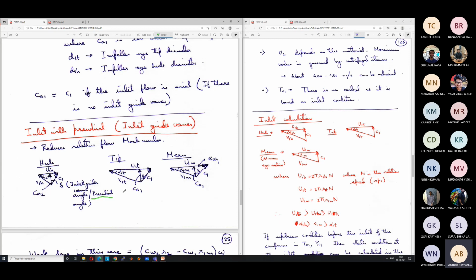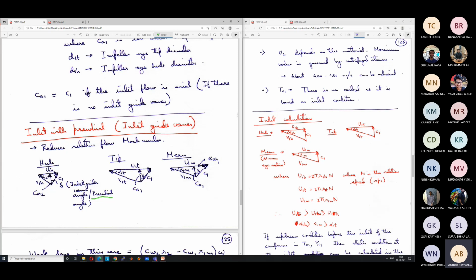What will be the relative Mach number? V1T by the speed of sound at that location, which will be root over gamma R T1. So we can reduce the relative Mach number at the inlet so that it is below sonic speed. That is why it is provided. So this is the benefit of inlet guide vane.